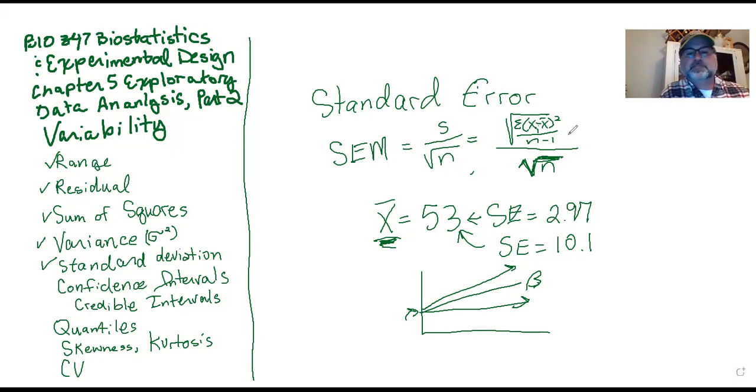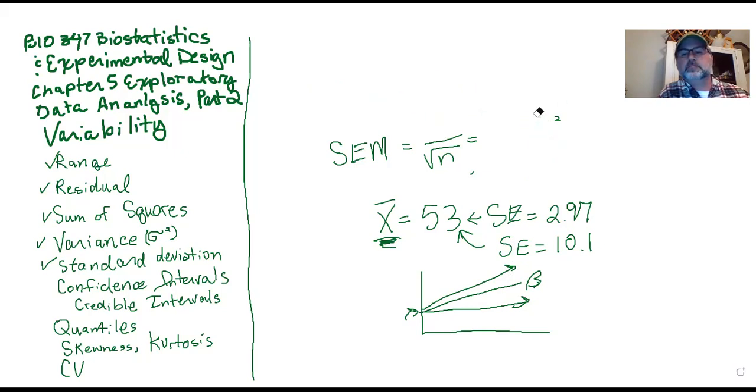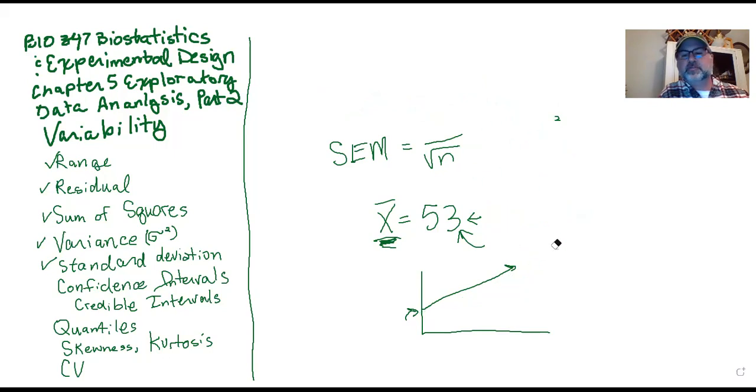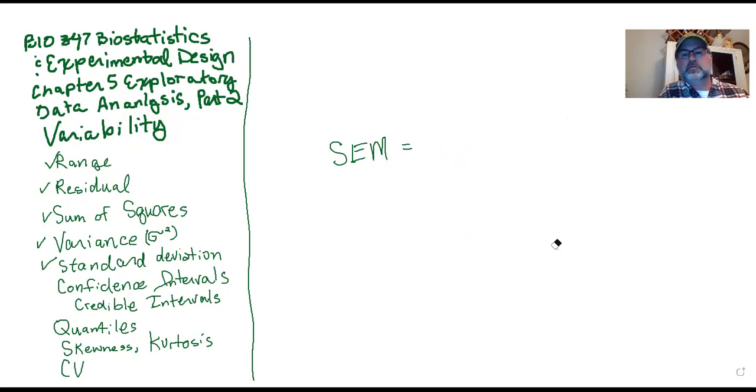All right. Confidence intervals. Confidence intervals are like standard errors.